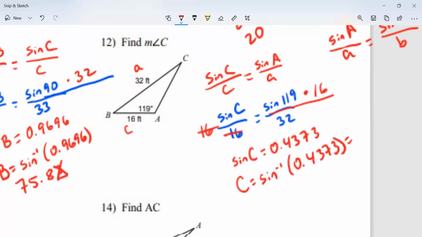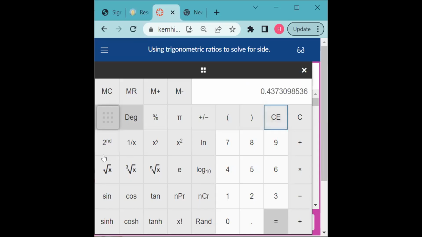And that gives me, let me come back to my calculator. I need sine inverse. I've got to go second, clear this out. So sine inverse of 0.4373.